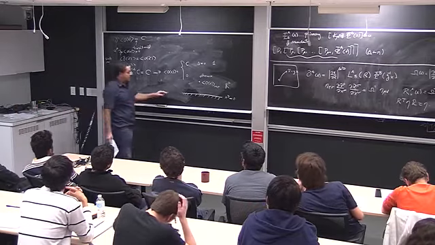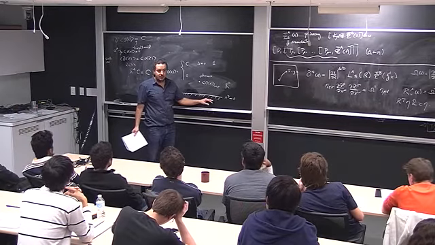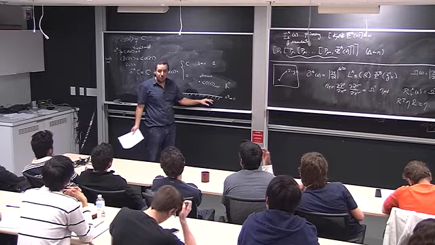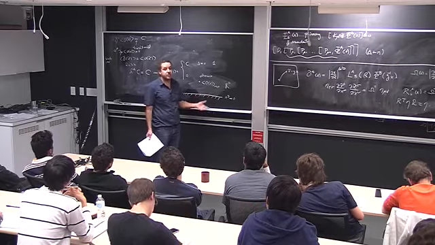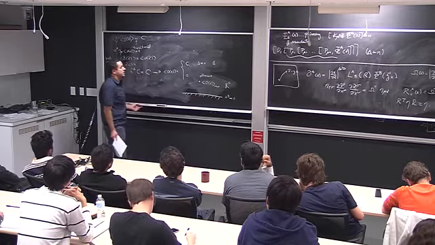And the reason is that putting a boundary breaks some conformal transformations, and then it relaxes the constraint, and you can find something.